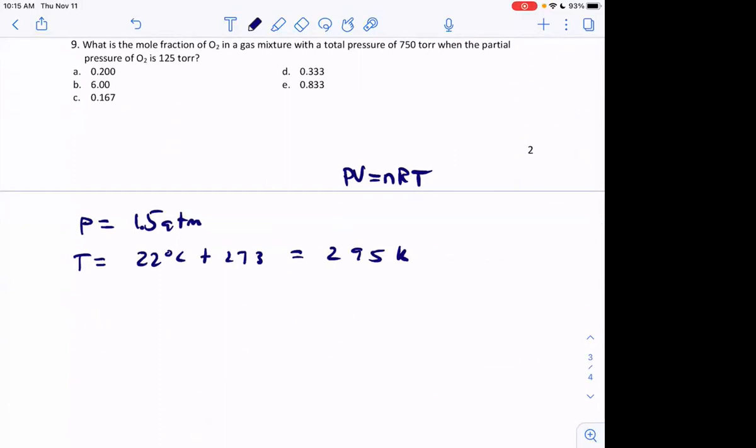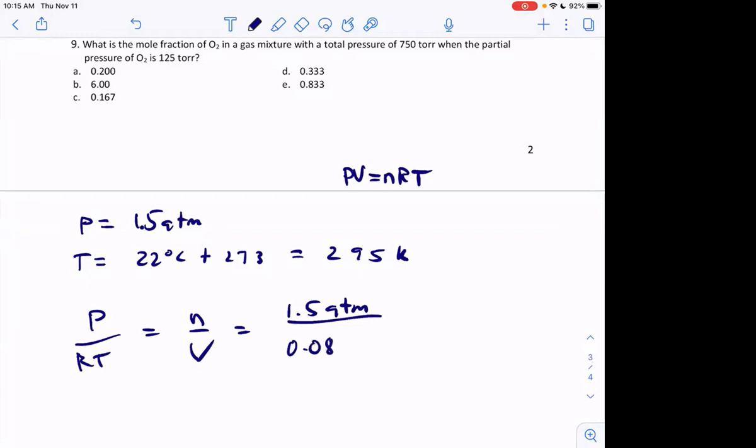So I'll then have, P, I'm going to bring the RT over, is equal to N over V, which is equal to P over RT. I've got P, so P over RT: 0.0821.